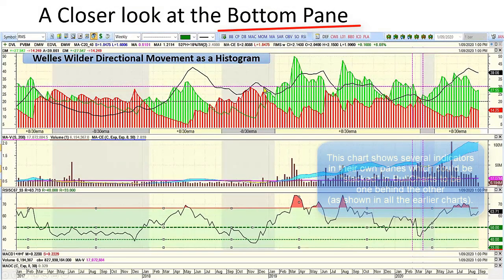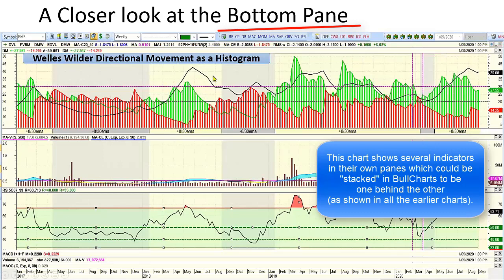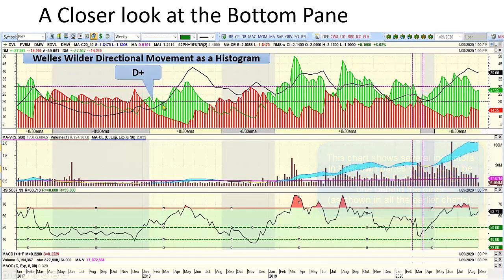So when I have a chart, I only have one of these panes up, but this is a closer look at the Wells Wilder directional movement as a histogram. As we said before, the green is D plus, the red is D minus, and this is the line between the two.